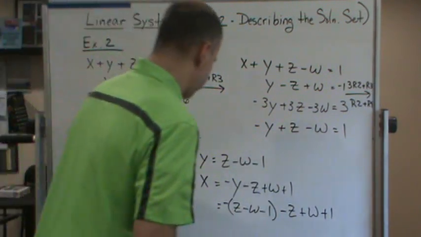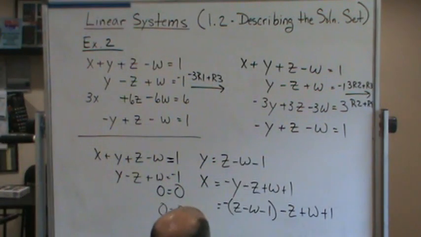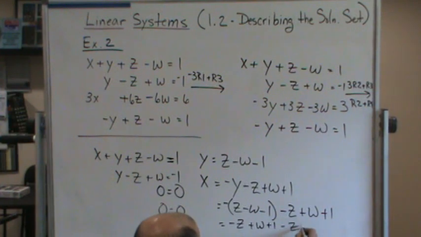Okay, so now let's simplify this. So z minus w minus 1, just want to make sure I did that. So this is going to be minus z plus w plus 1 minus z plus w plus 1. So here, what happens?